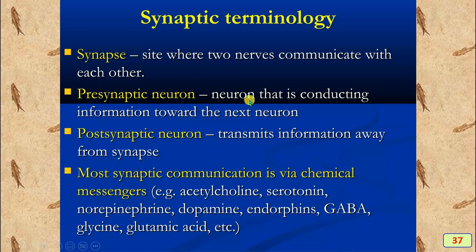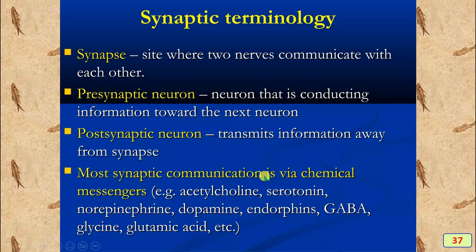The presynaptic neuron is conducting information toward the next neuron, and the postsynaptic neuron transmits the information away from the synapse. Most synaptic communication is via chemical messengers like acetylcholine, serotonin, norepinephrine, dopamine, endorphins, GABA, glycine, glutamate, etc.